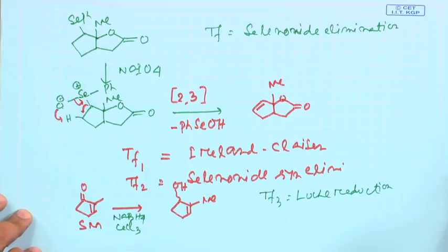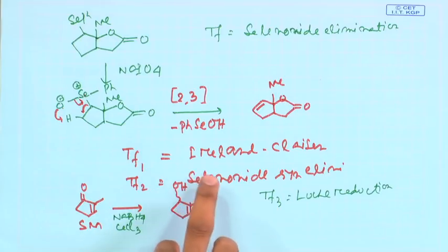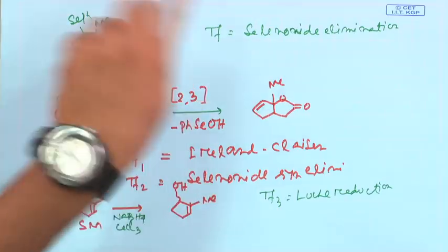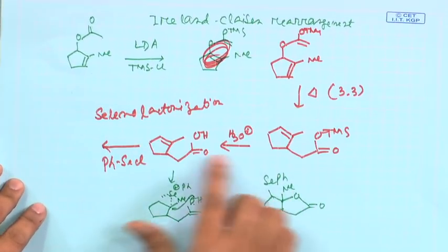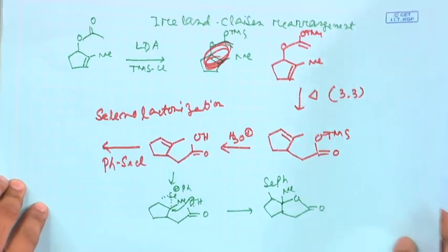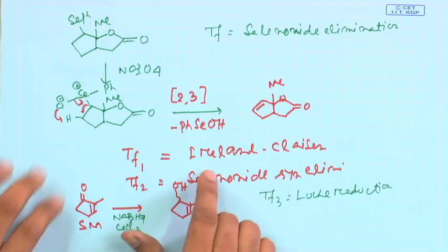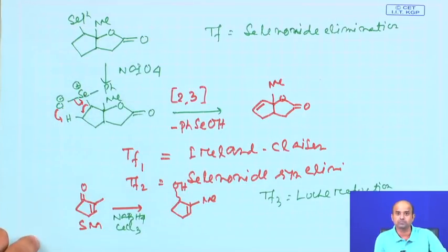So, basically the entire pathway you can formulate as a combination of multiple transformations. We used a very simple 1,2 reduction by Luche pathway, then you use an Ireland-Claisen to generate the gamma,delta unsaturated ester, and then we do a selenoxide syn elimination after the selenolactonization takes place.